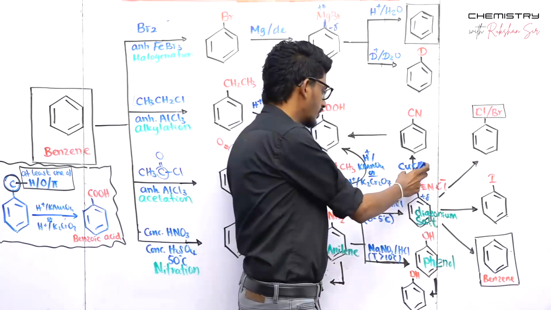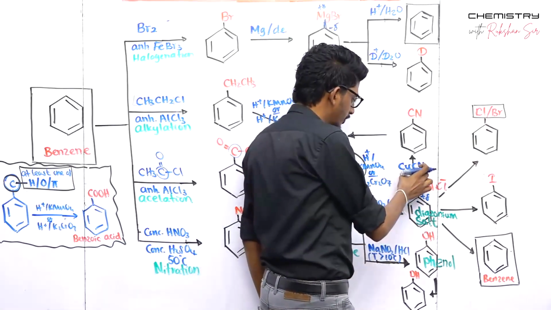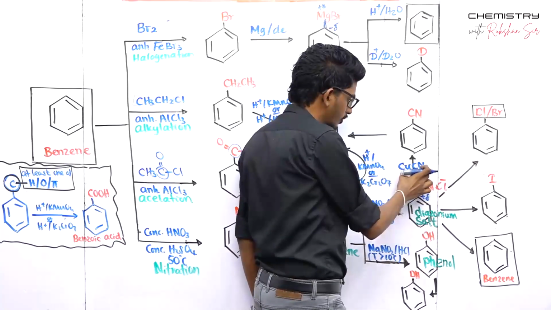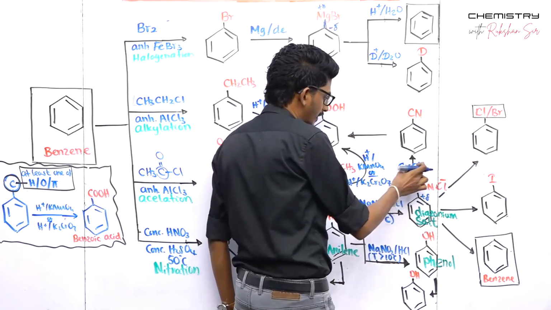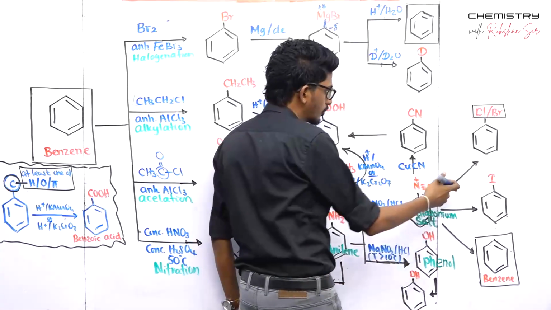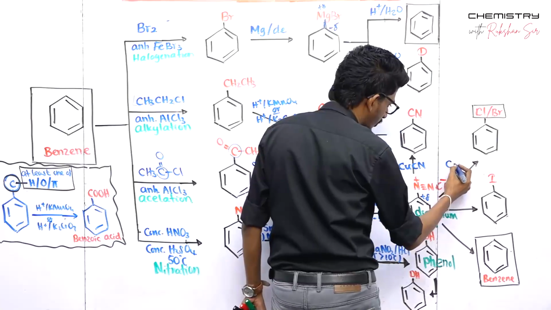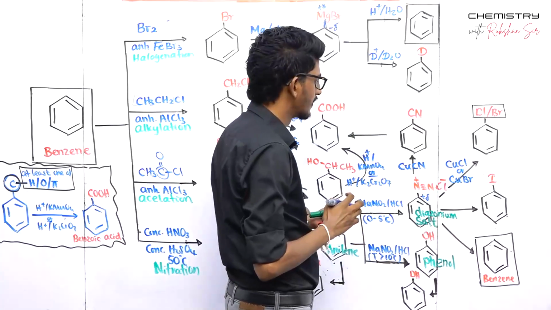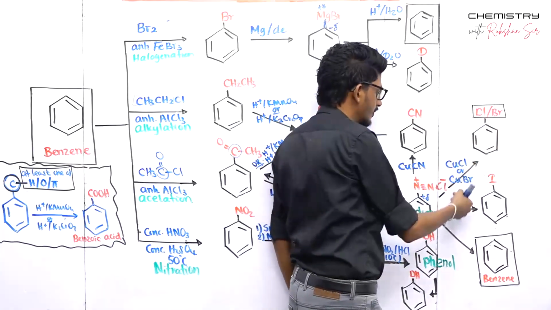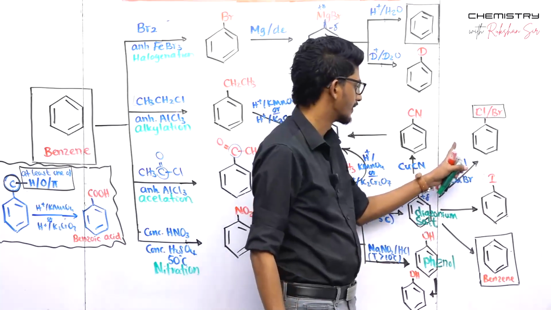These reactions are referred to as Sandmeyer reactions, done with the use of Cu plus catalyst. So using the CN minus nucleophile and the Cu plus catalyst. To add the Cl or the Br nucleophile, we need CuCl or CuBr, with Br minus or Cl minus, and Cu plus as the catalyst.